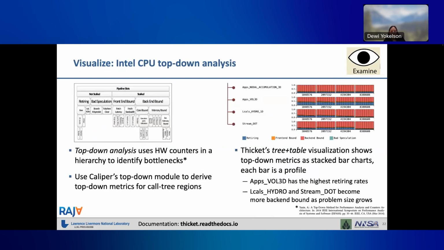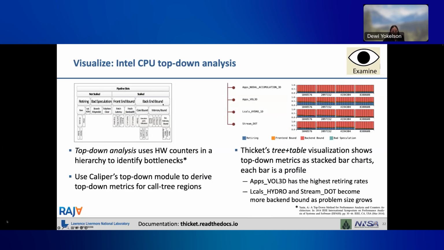Okay, a little bit more on the top-down analysis. If we want to visualize this top-down analysis, basically it's using hardware counters to identify different bottlenecks in your code. The four top-level categories for where your bottlenecks are retiring, bad speculation, front-end bound, and back-end bound.